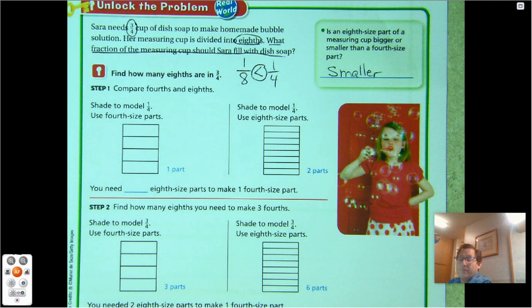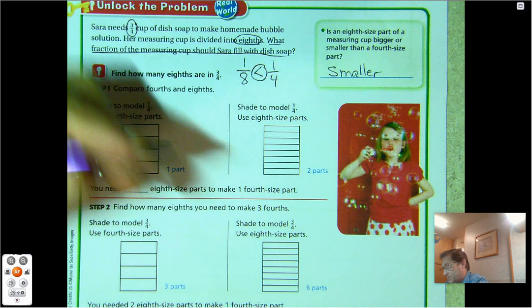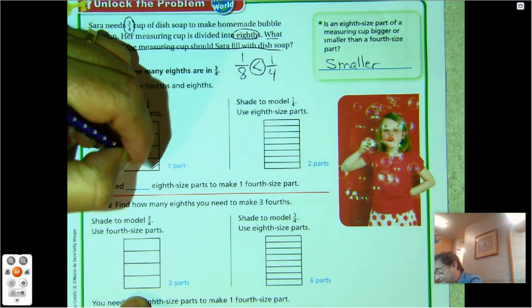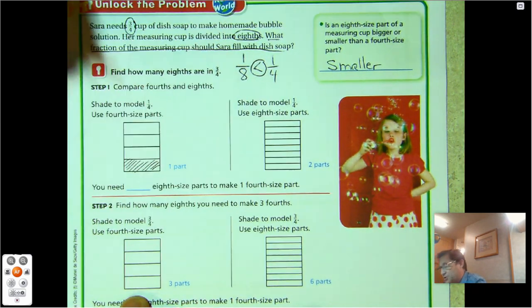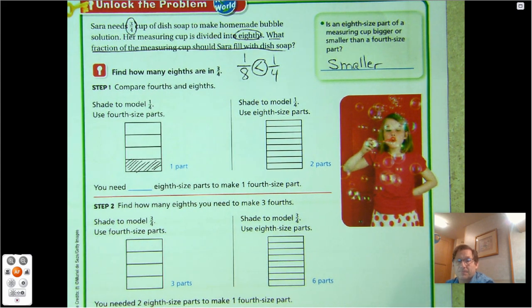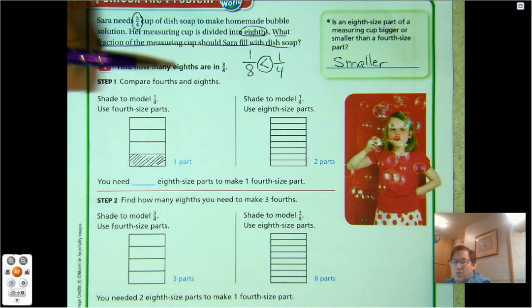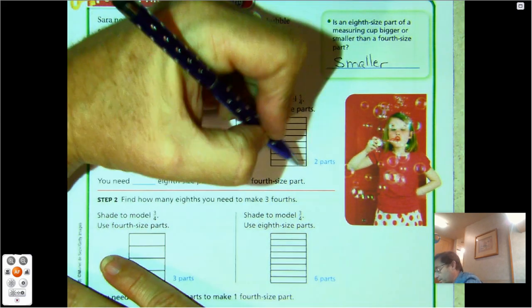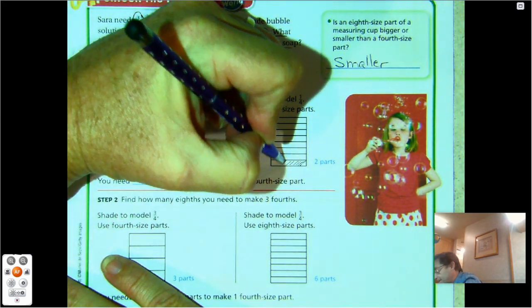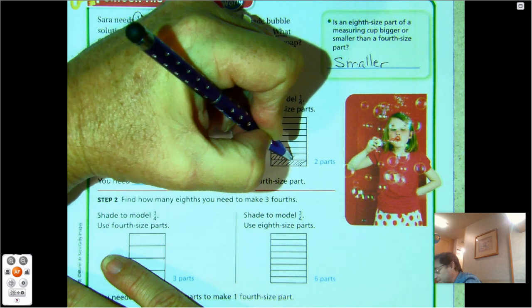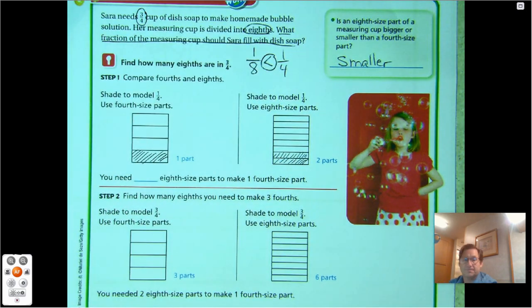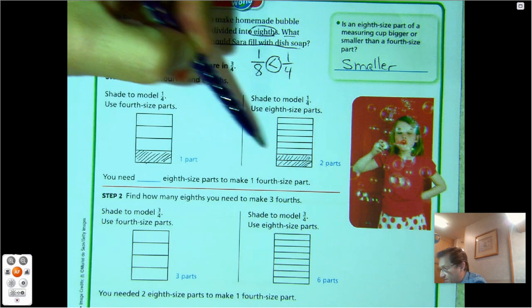Well, we're going to compare fourths and eighths. And so we're going to shade the model to show 1/4. So we're going to shade one part to show 1/4. Now to shade 1/4 using eighth size parts, well, it's telling us that there's two parts in a fourth. Okay, and that makes sense with the drawing, right?